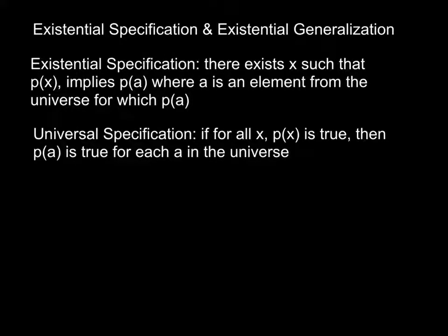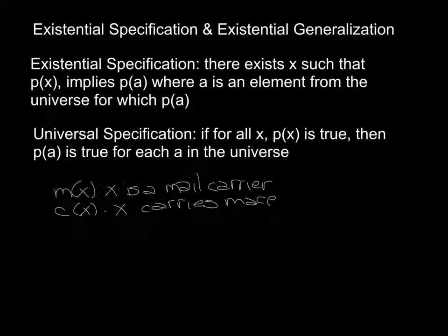Going back to our previous example, where we had 2 open statements, m of x, x is a mail carrier, and c of x, x carries mace. We then used the rule of universal specification, and we could plug in Mrs. Bacon.